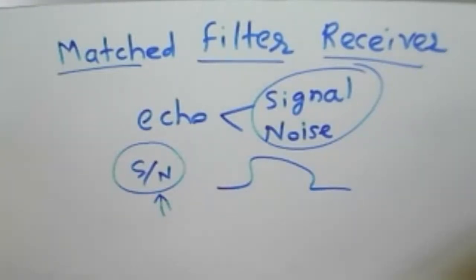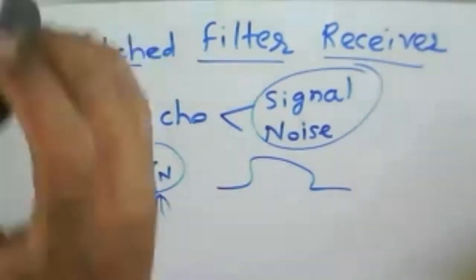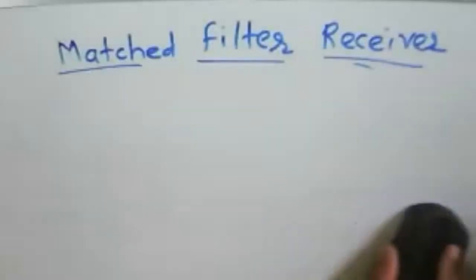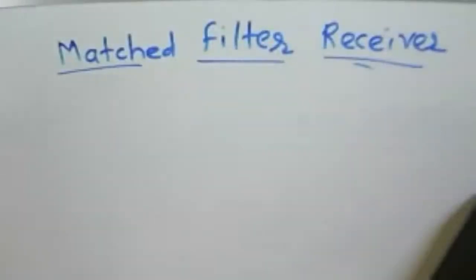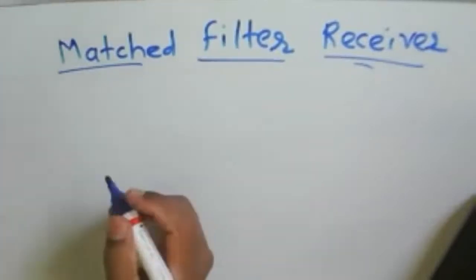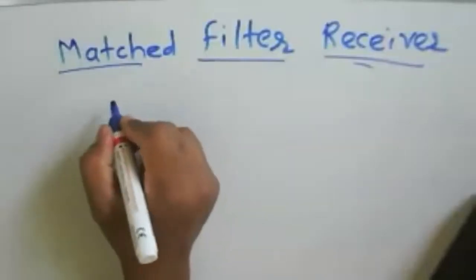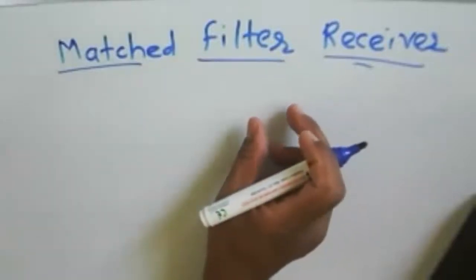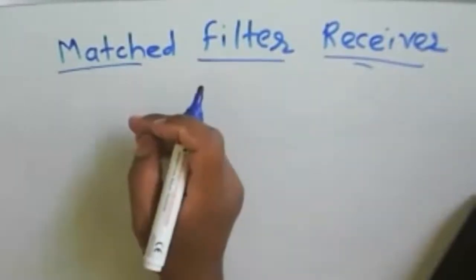So it will receive the lowest probable signal, and then we can detect or identify the target in any environmental condition. So we need to separate the signal from the noise here, so that the signal to noise ratio will be improved.